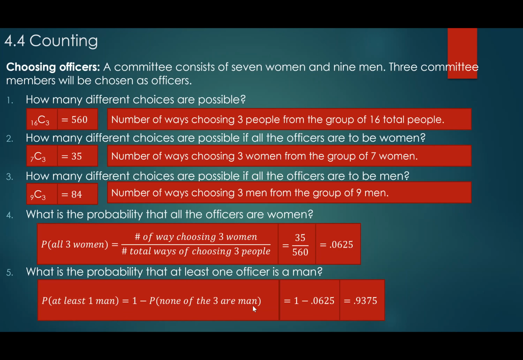The probability of at least one man should consider all the cases with men in there too. So don't just take this and divide by 560 unless they ask, what's the probability that the 3 committee members are all women? Then you take 84 divided by 560. Okay, any question with this problem here?